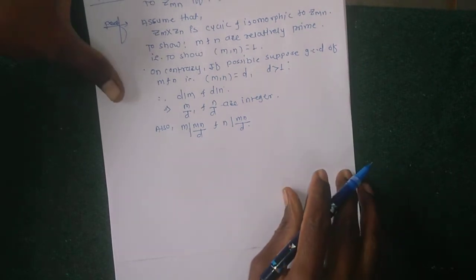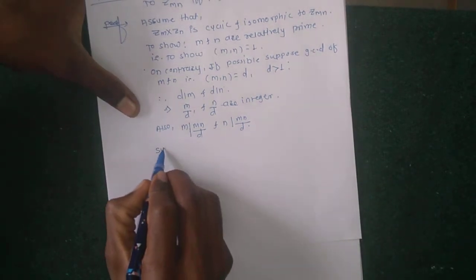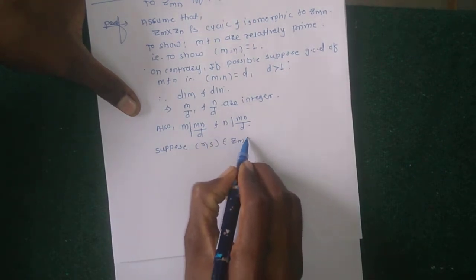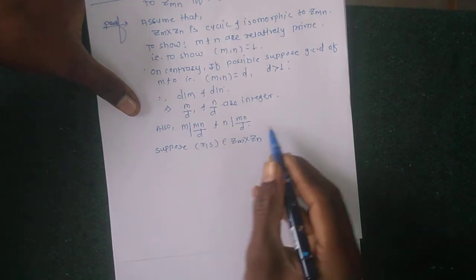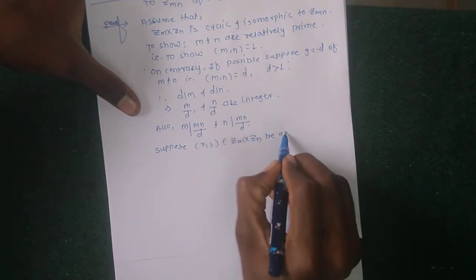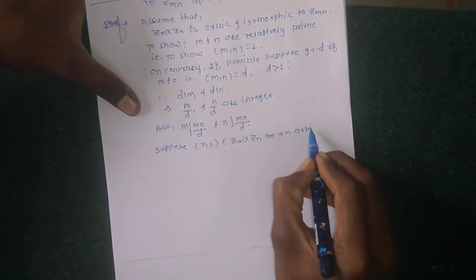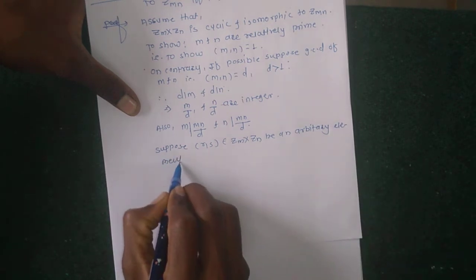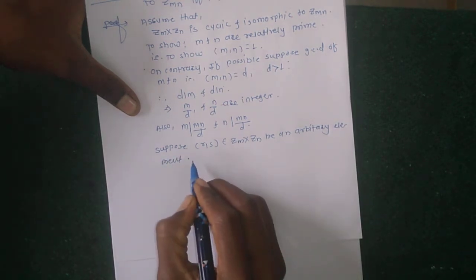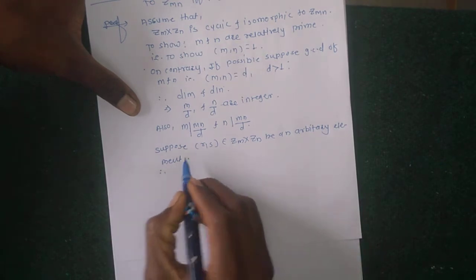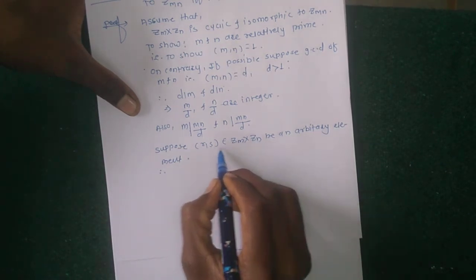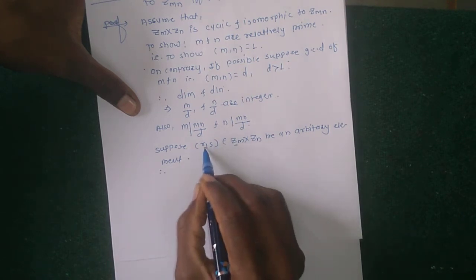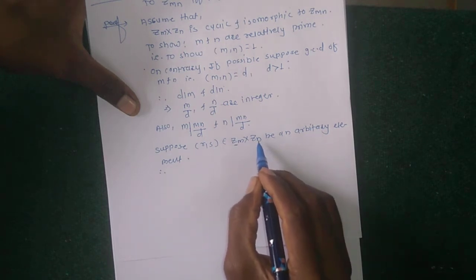Suppose we choose one element from Zm cross Zn, say (r, s), an arbitrary element. Therefore (r, s) belongs to Zm cross Zn, which implies that r is an element of the first group and s belongs to the second group.